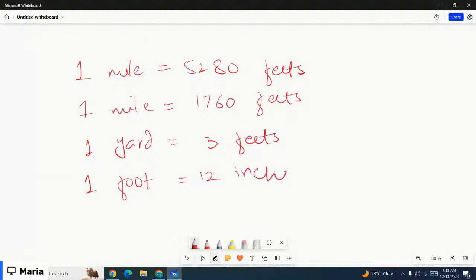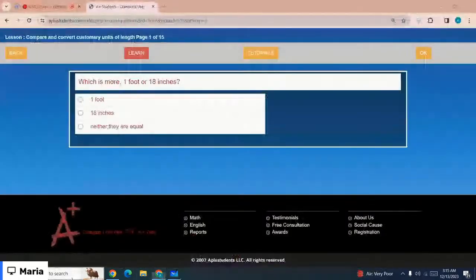So here you have to compare between 1 foot or 18 inches. So which is more?